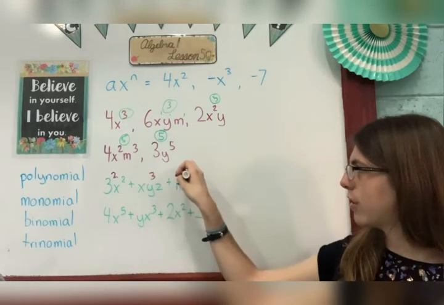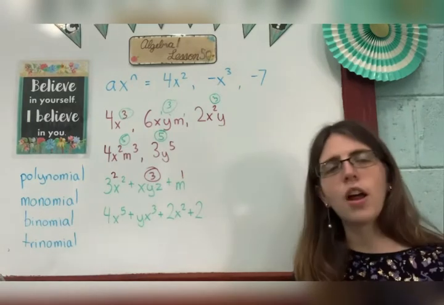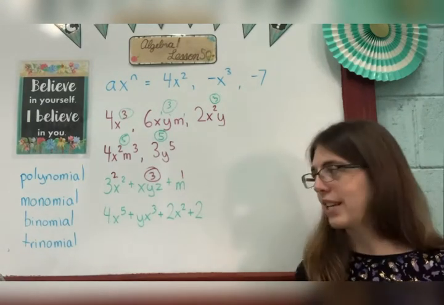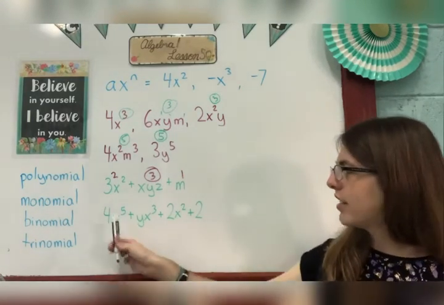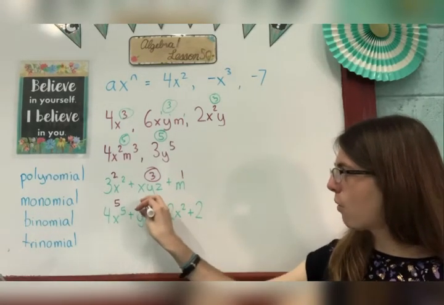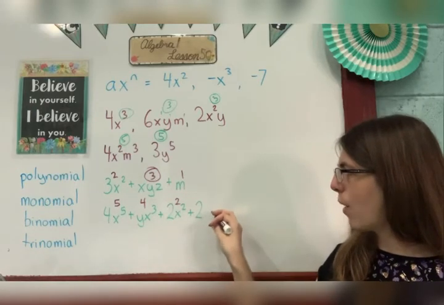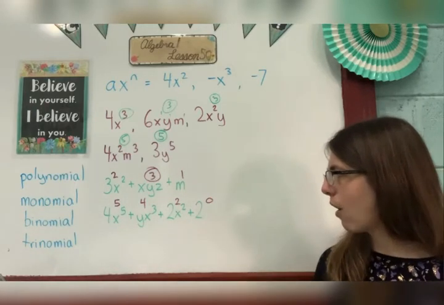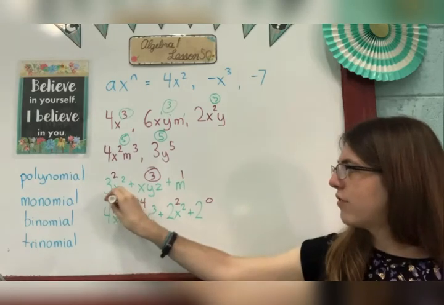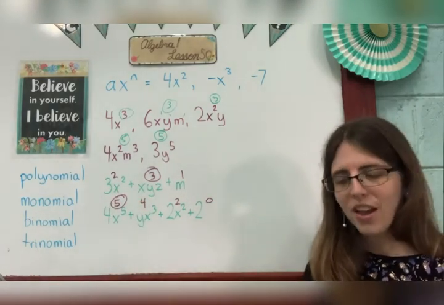This term has a degree of 1. So this is the highest degree, so the degree of the polynomial is 3. Here, this one has a degree of 5. This term has a degree of 1 plus 3 is 4. This term has a degree of 2, and this term, well, there's no variable, so its degree is 0. My highest degree is 5, so that's the degree of my polynomial overall. All right, and that's degree.